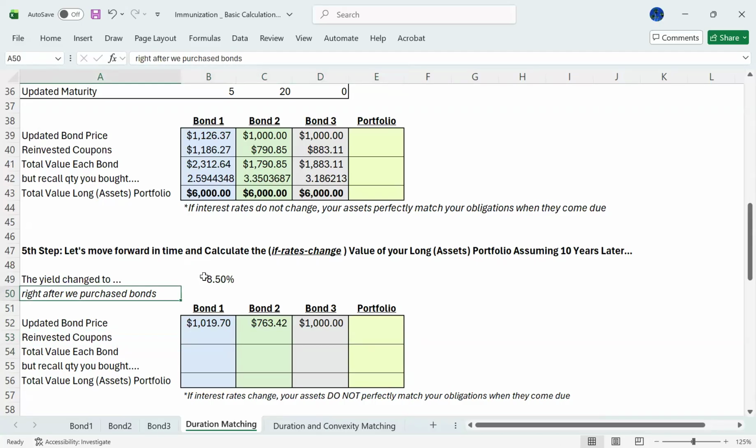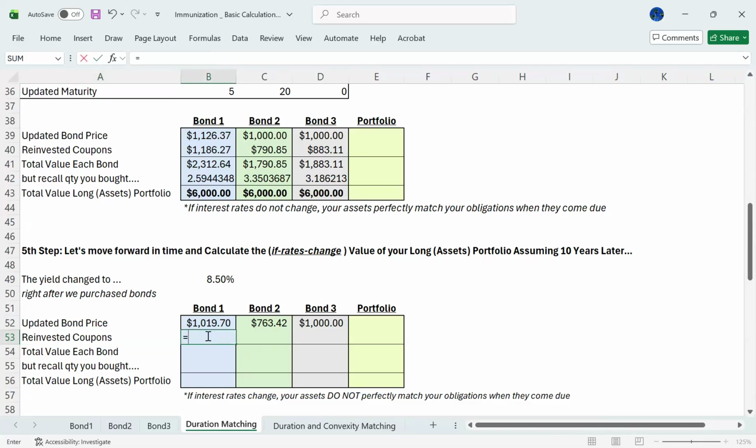If this change happened right after we purchased the bonds, then these coupons are going to be reinvested at this higher rate, which is going to be beneficial because we are losing. There is a negative impact. Price is going down because interest rates went up, but now we are getting slightly higher income when we reinvest our coupons.